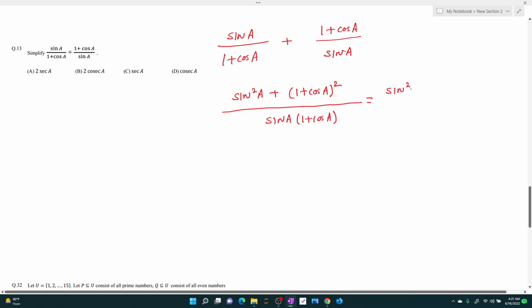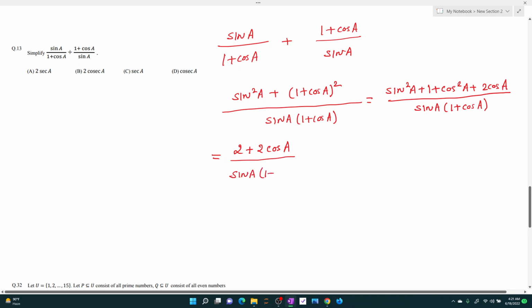So we have sine square a plus 1 plus cos square a plus 2 cos a, and the whole thing divided by sine a multiplied with 1 plus cos a, right? So the value of sine square a plus cos square a is nothing but 1. So we have 2 plus twice cos a here, divided by sine a times 1 plus cos a.